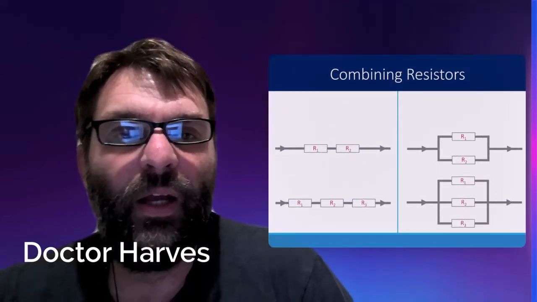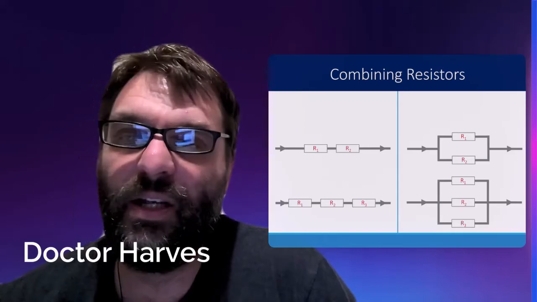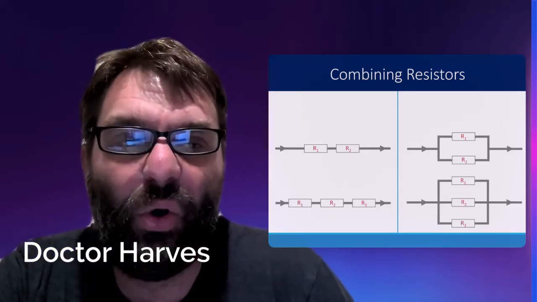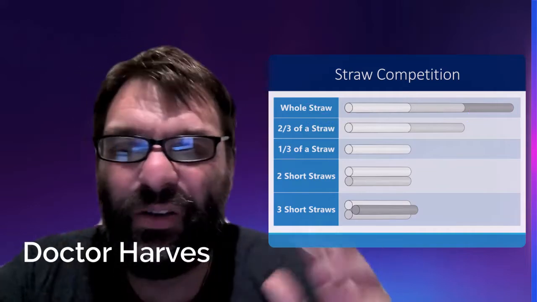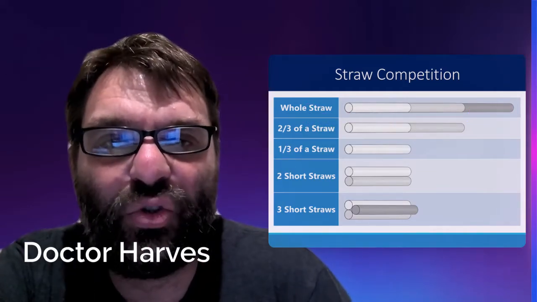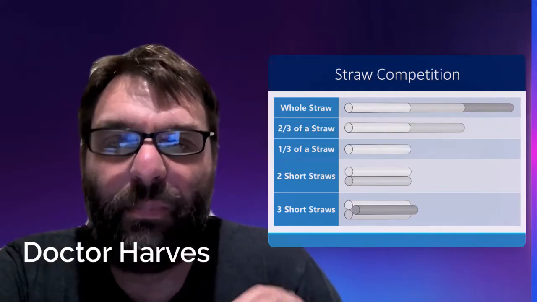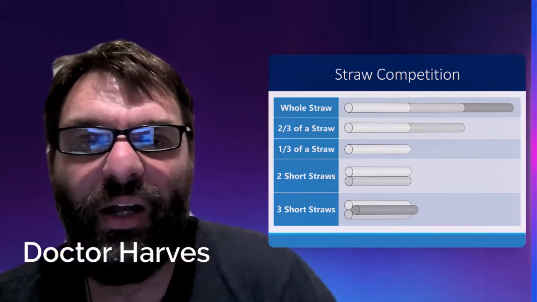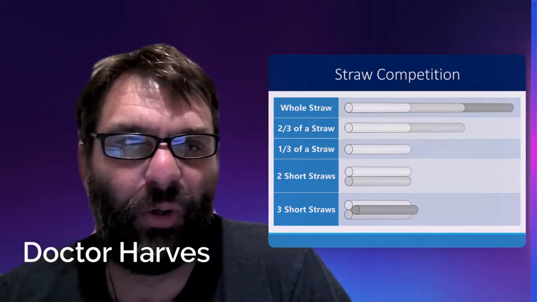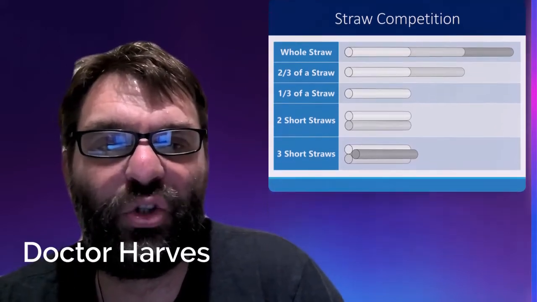So you can combine resistances in 2 ways, either series or parallel. Okay, and you can use a straw as an example there. Basically you're blowing the capacity of your lungs through either a whole straw, 2/3 of a straw, 1/3 of a straw, 2 short straws, or 3 short straws.